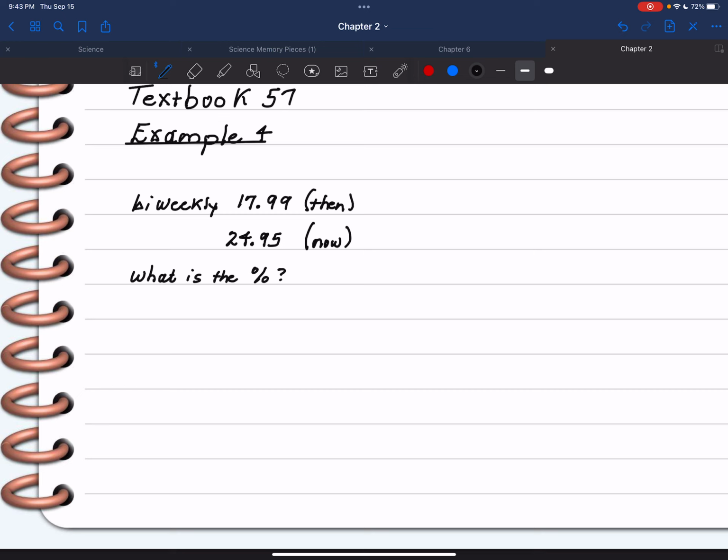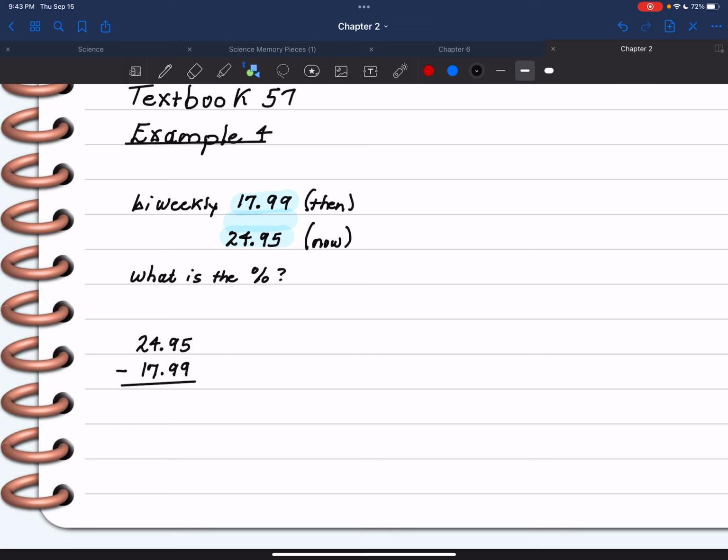The first step is to find the difference between these two numbers. So you will say $24.95 minus $17.99.